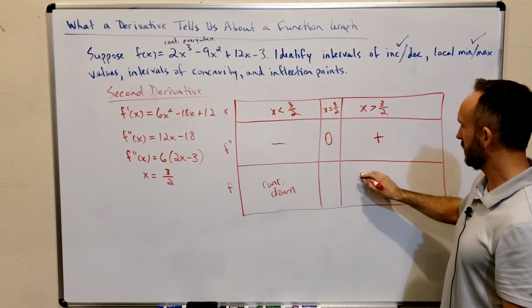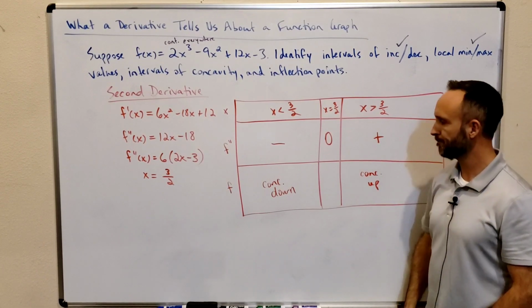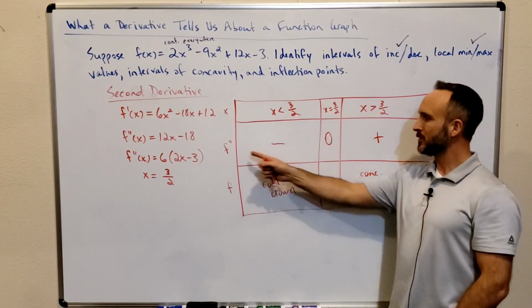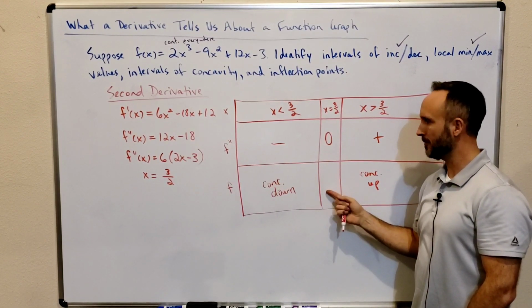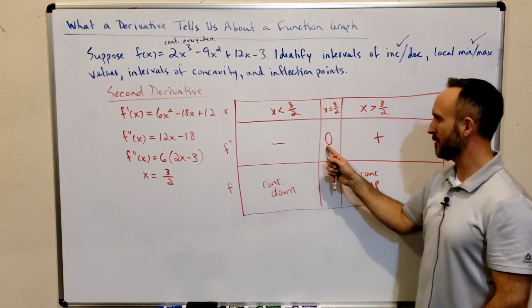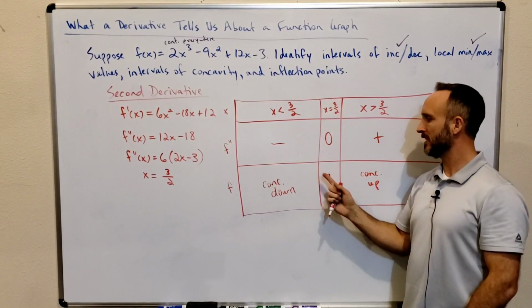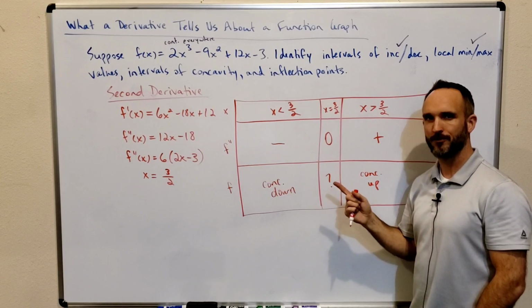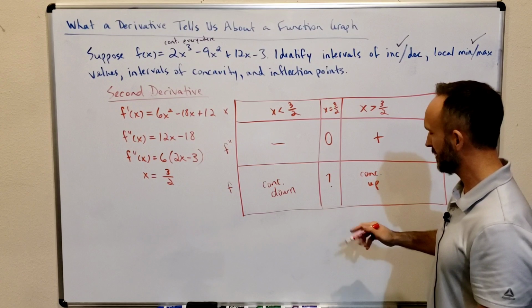And if f double prime is positive on an interval, we're looking at concave up. Now, when this was the first derivative and we had 0, that meant we had a horizontal tangent line. When f double prime is 0, we don't really know much about the function other than it's not concave up or concave down. It's not very useful to us, okay? So don't make any assumptions about what happens here.